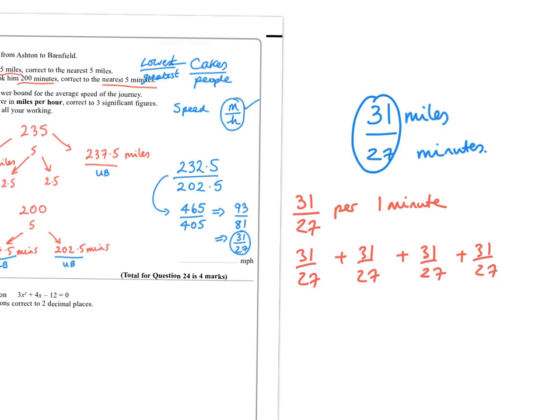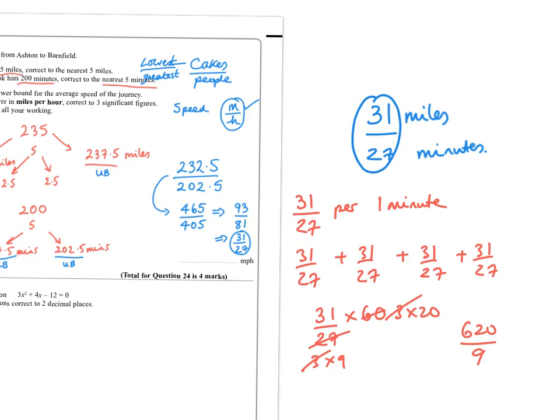Can you see you're going to have 60 of those to make up the hour? So you've got 31/27 times 60. You've got a calculator. I like to do this without to help you with your number skills. And then we've got 31 times 20. That is, well, 2 31s is 62, so that's 620 over 9.